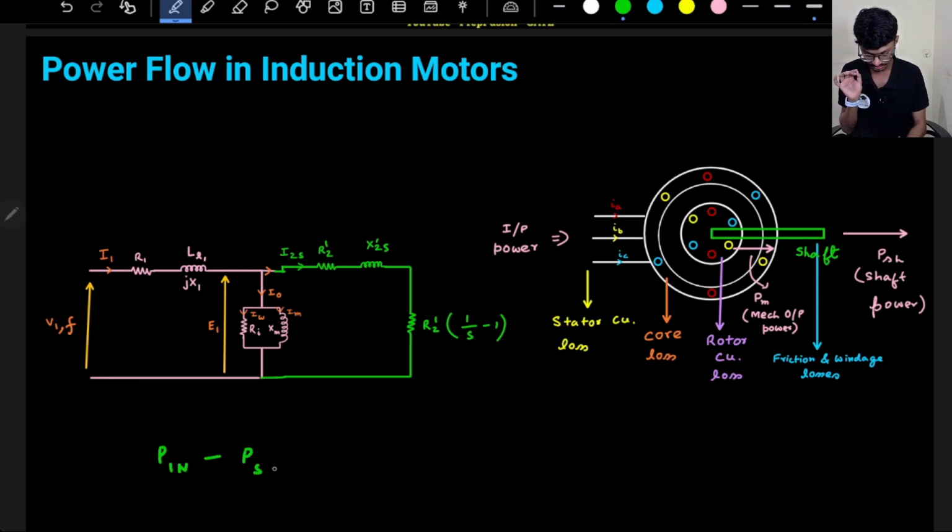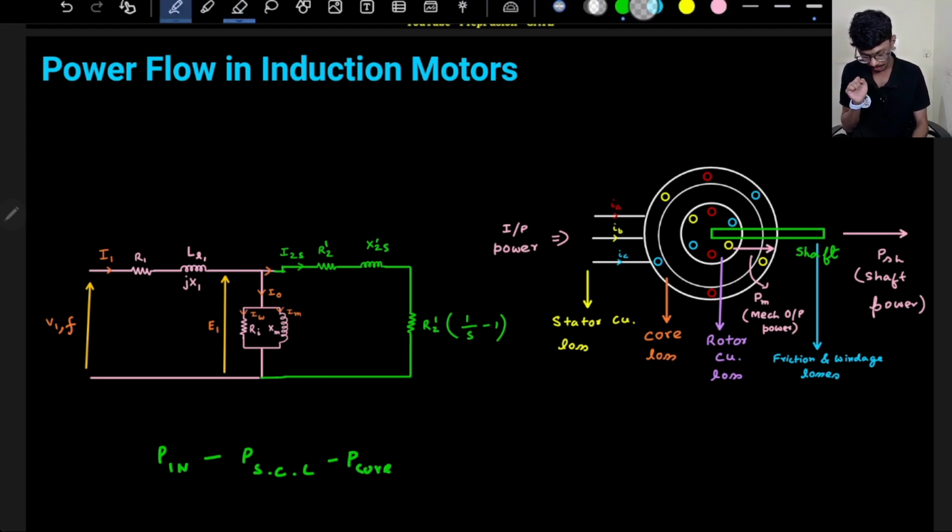It is the stator copper loss, which I write in short as PSCL. Then after that there are core losses, so minus P core. This is the core loss. After that, I come to the rotor side. On the rotor side, there will be rotor copper loss, so minus P rotor copper loss.